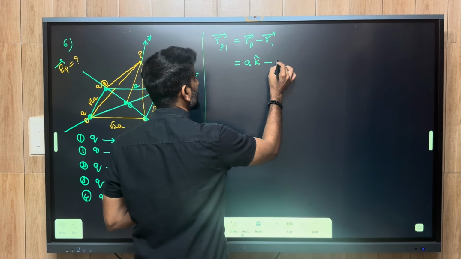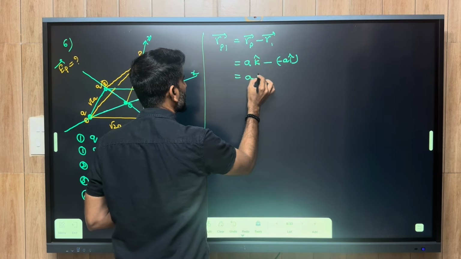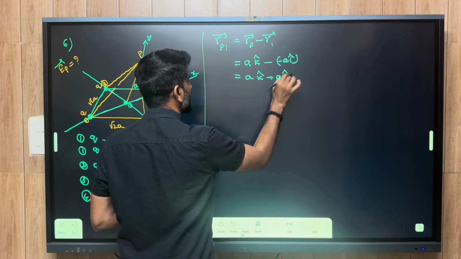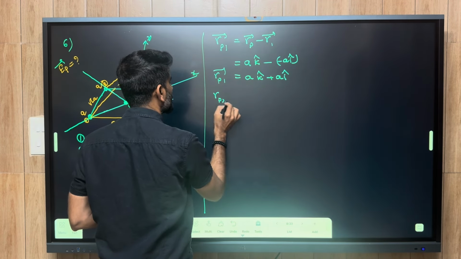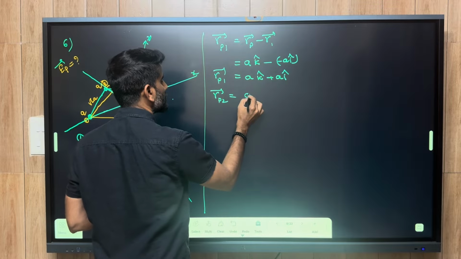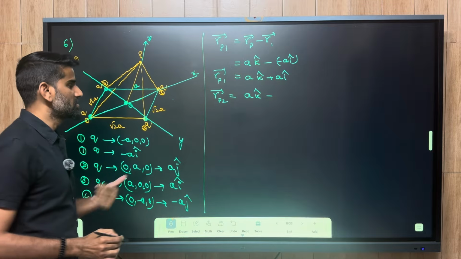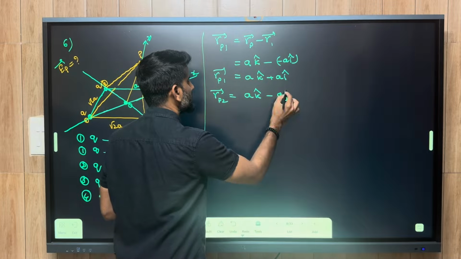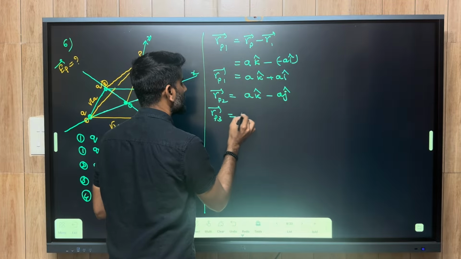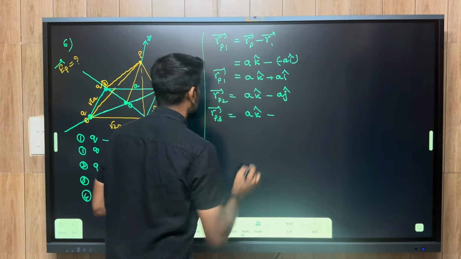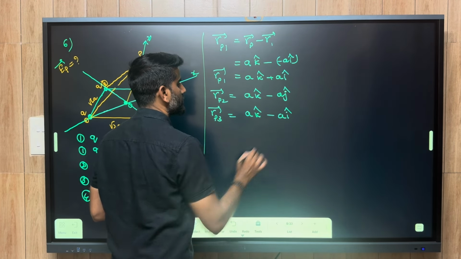Minus a i cap, which is a k cap plus a i cap, is the position of P with respect to 1. Similarly, the position of P with respect to 2 is a k cap minus a j cap. With respect to 3, it is a k cap minus the third one, a i cap.